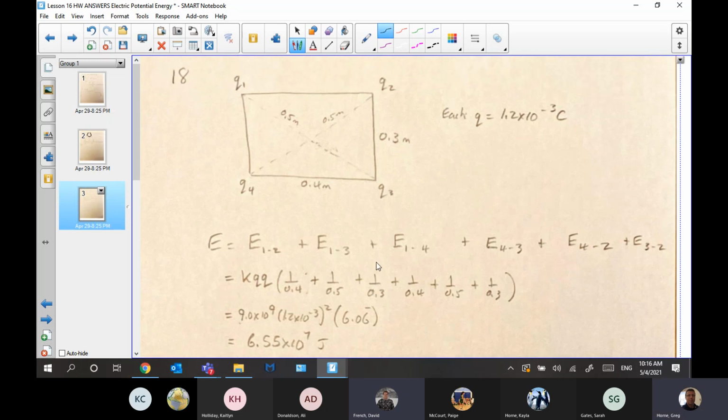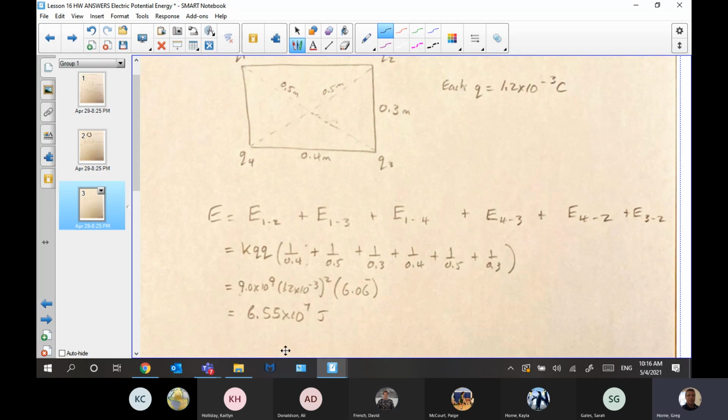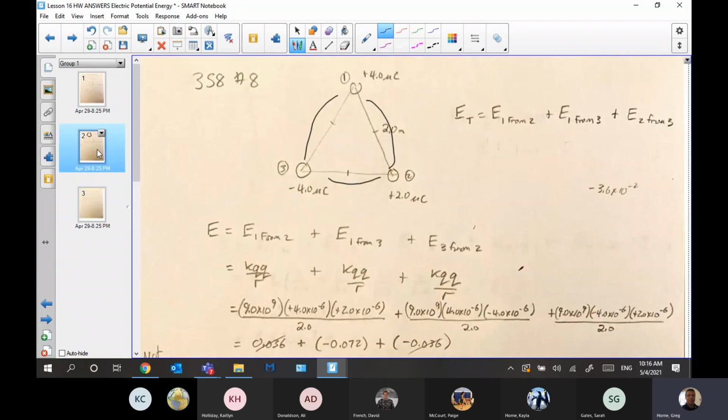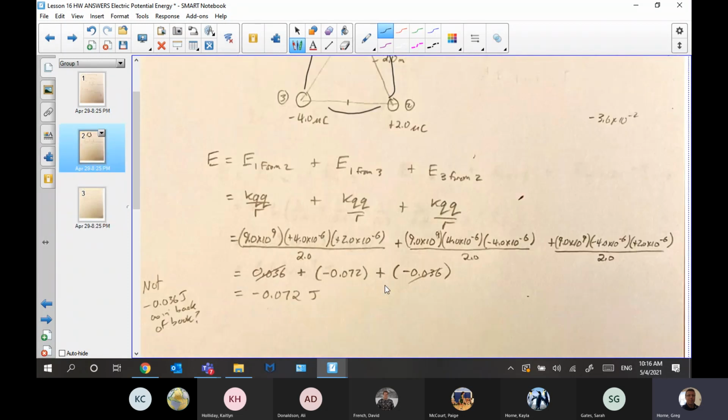I don't know if I'm answering the same question here, actually, because electric potential wasn't covered in this lesson, right? If I go back to lesson 16, I don't think I should have just assigned 8A, because we had only covered electric potential energy at that point, which makes me wonder what I'm even looking at here. Is it right or not?